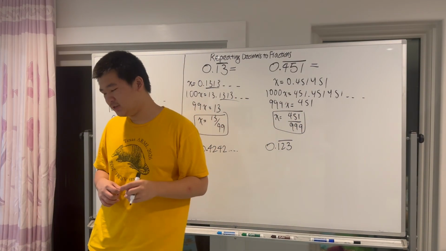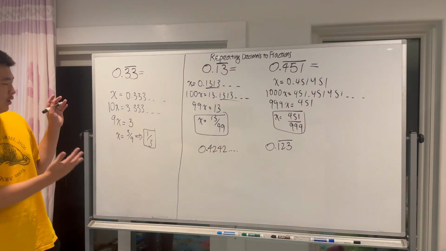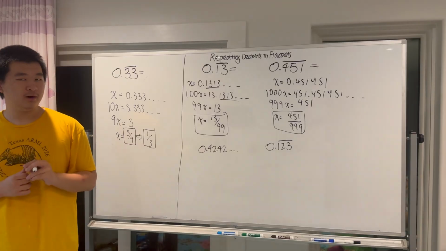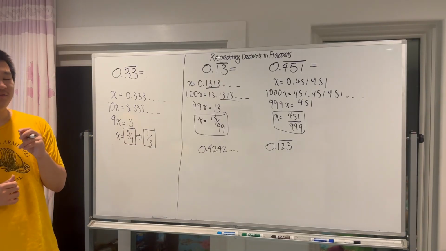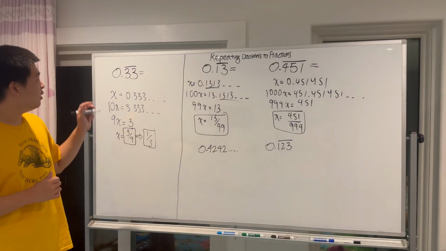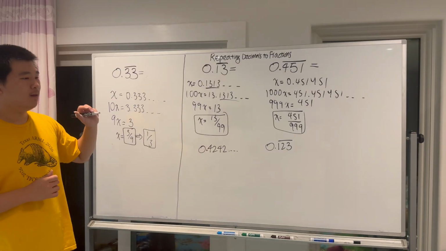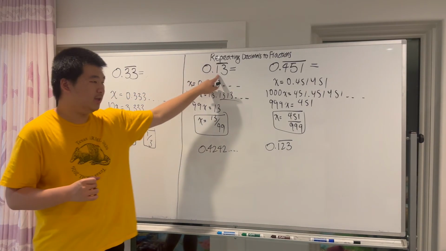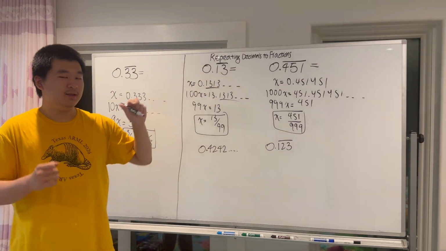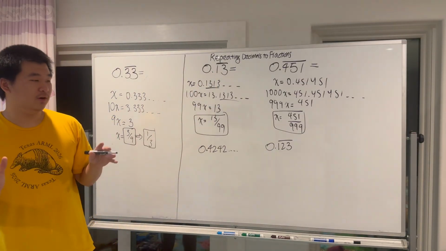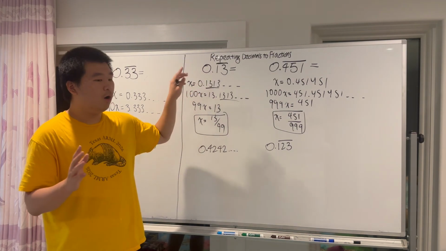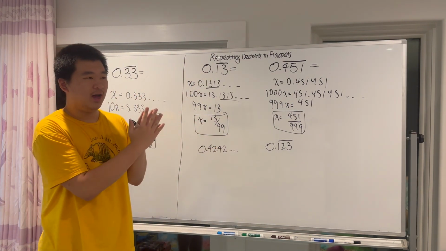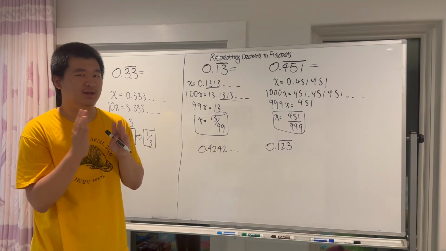And so after these 3 examples, you should be able to see a pattern. And what is that pattern? Well, if we have a pattern of n repeating digits, and the digits are some number, for example, here it's 13, then the fraction form is going to be that number over a number which is made out of as many 9s as you have repeating digits.